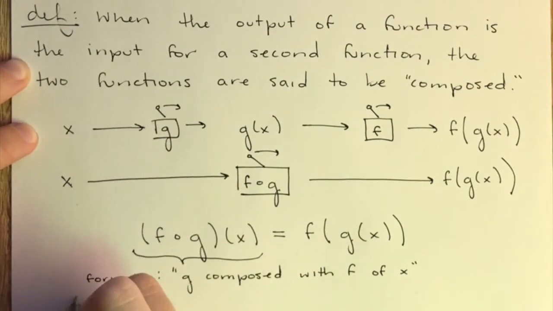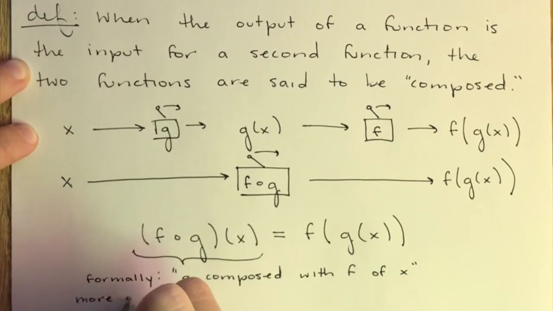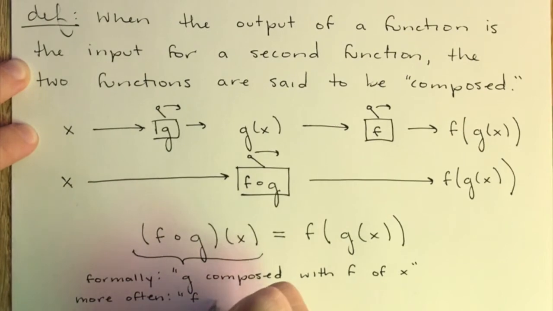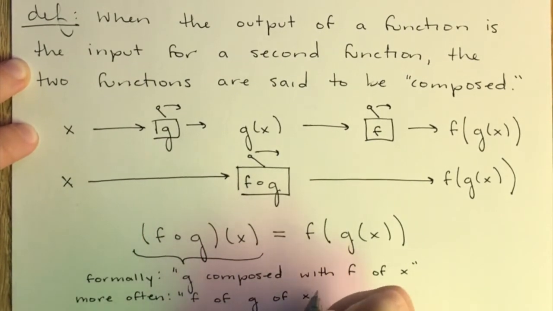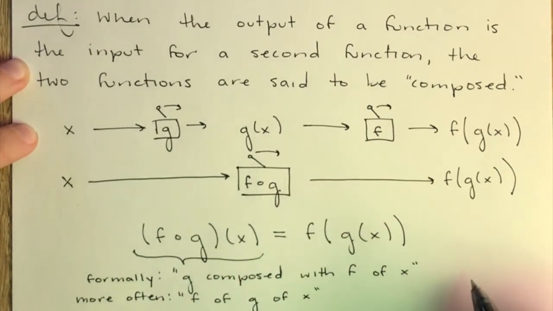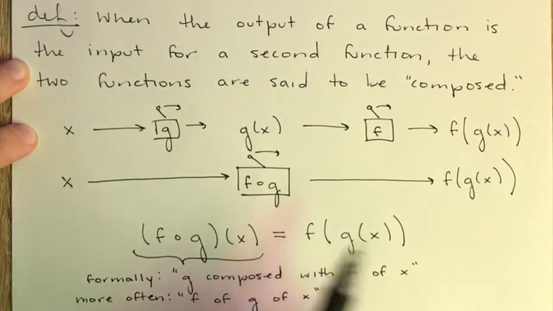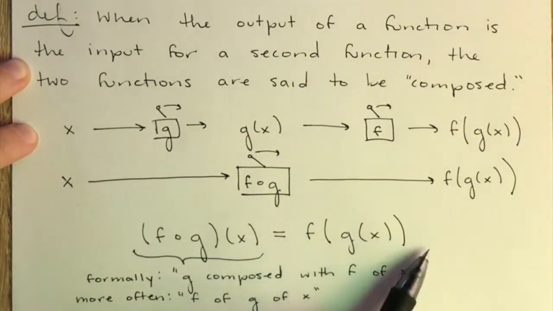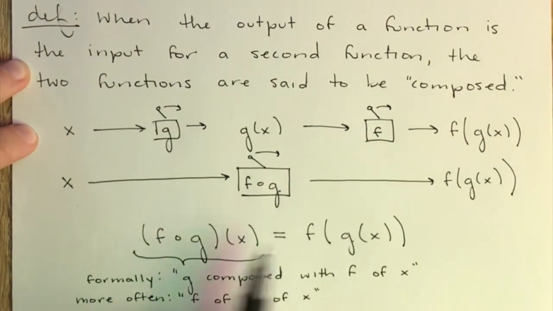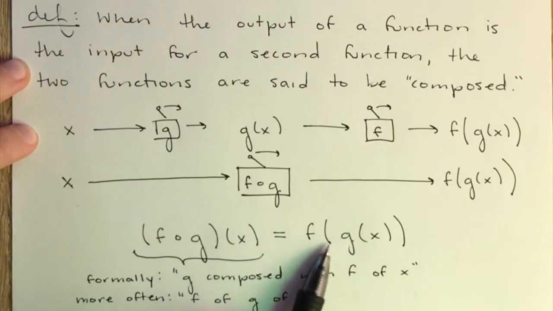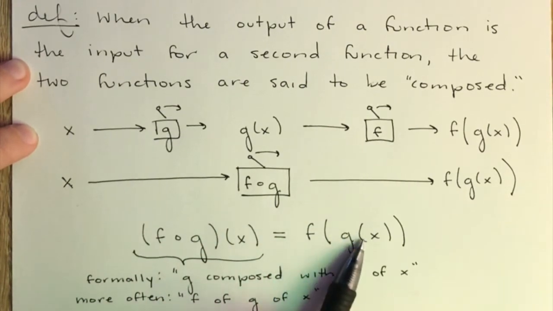So more often, you'll just hear people say f of g of x. And that's nice for two reasons. It's nice because it kind of tells us exactly what's going on here, right? It says that this is equal to f of g of x.